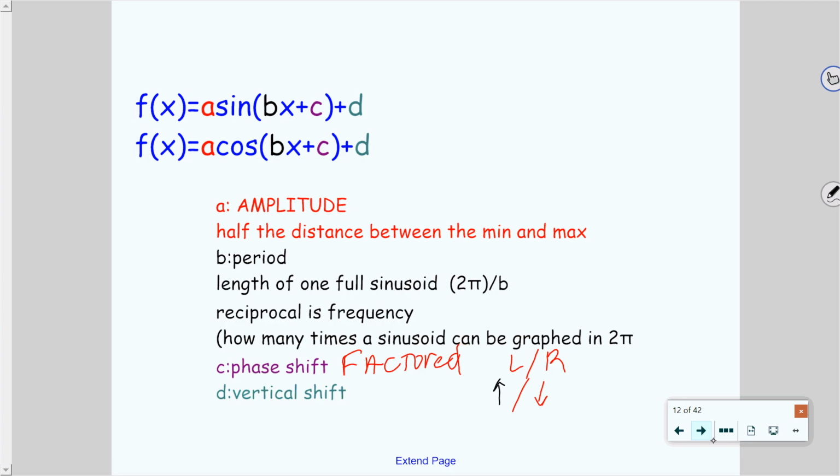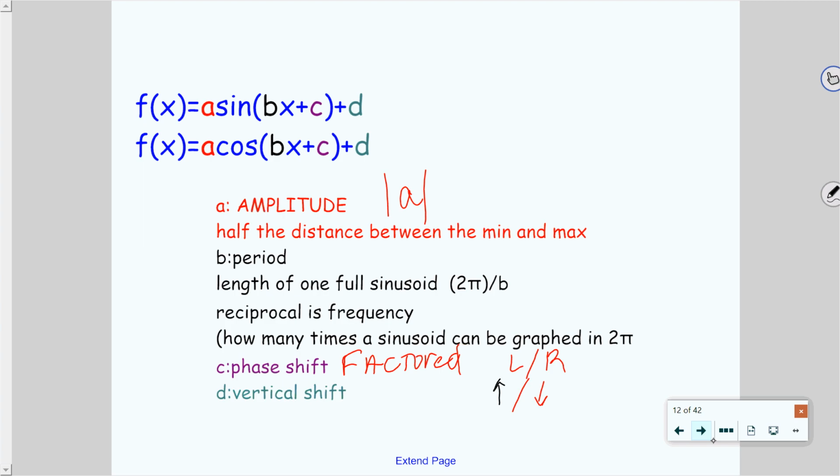Our A and our B do have an extra piece with them. Our A is going to find our amplitude. And our amplitude is defined as half the distance between the min and the max.